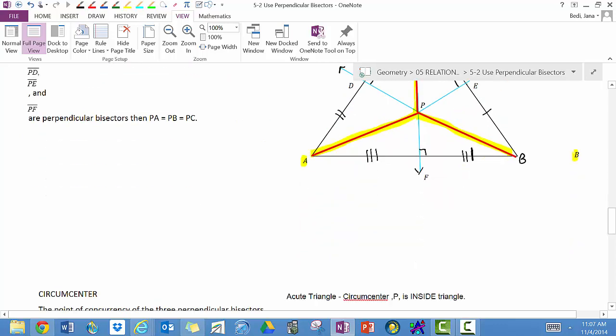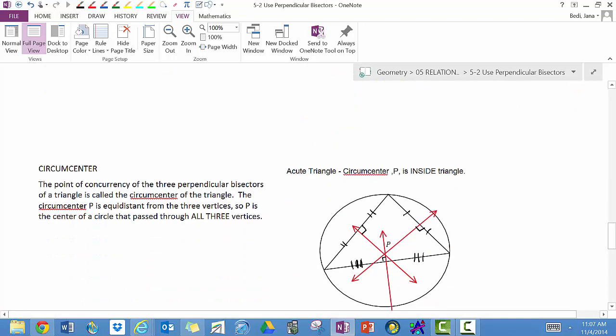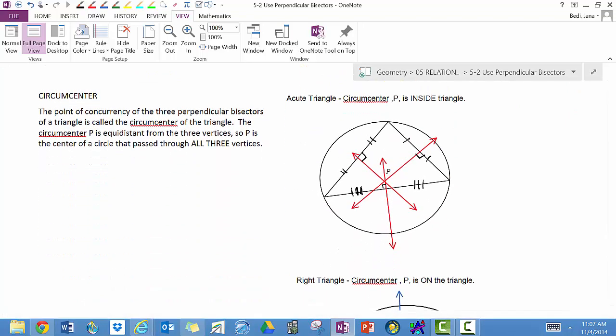And then this leads to something very interesting. Because that point P is equidistant from the vertices, we can use that point P as the center of a circle, and the radius of the circle would be the distance between P and a vertex.